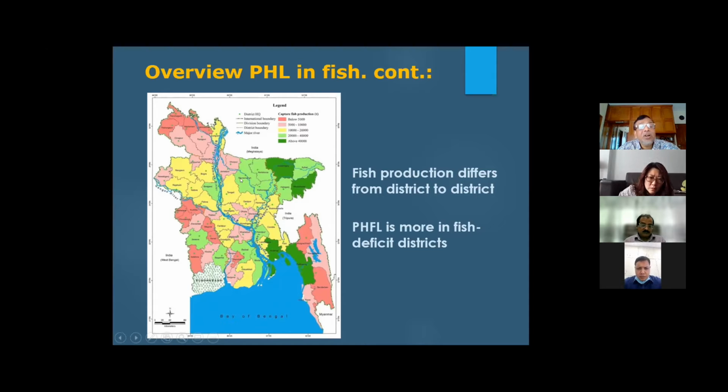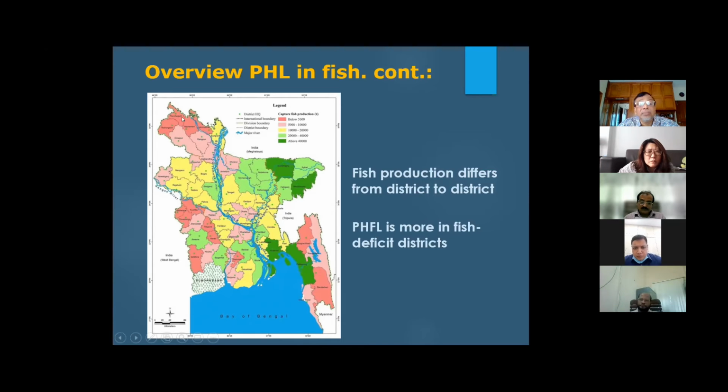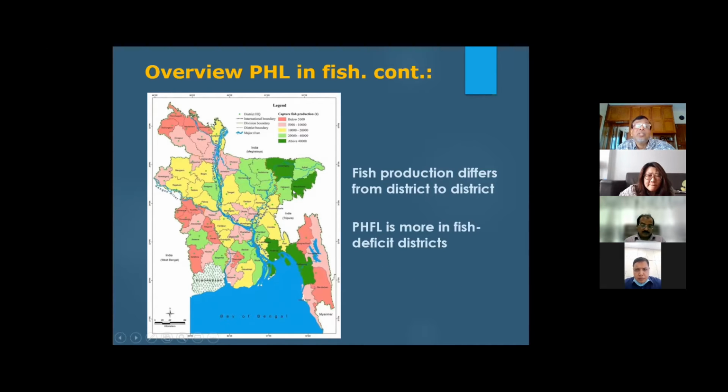But with the fading of greenery, light green to yellow to pink to red, the production decreased, and in the red districts, only less than 5,000 metric tons of fish are produced.